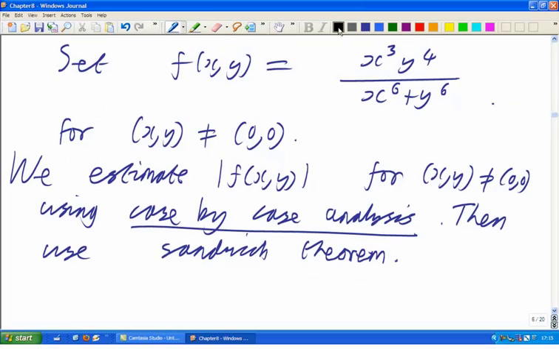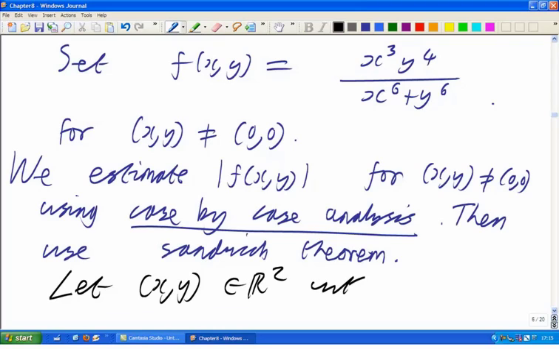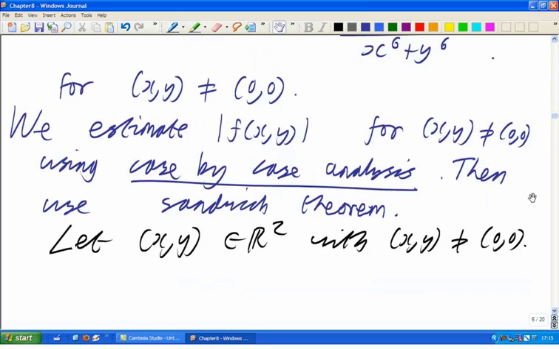So let (x,y) in R squared with (x,y) not at the origin. And we're going to consider two cases.